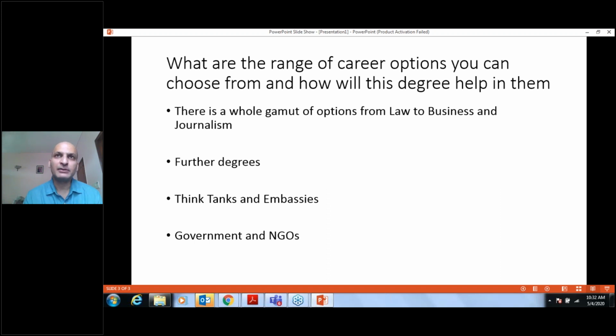Also, for example, the student may choose to do an MBA or an LLB degree in law, or may choose to go and do something in journalism. Or while doing their internships, which are required every year, the student may decide that they like a particular area they interned in and want to just continue working there.